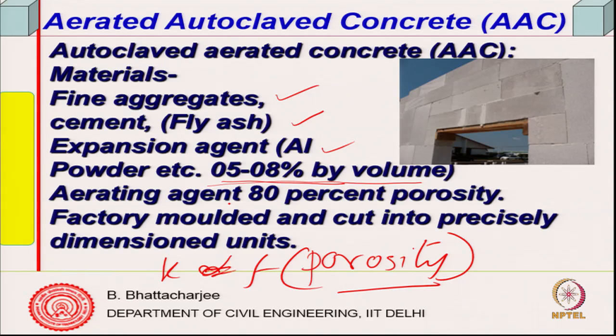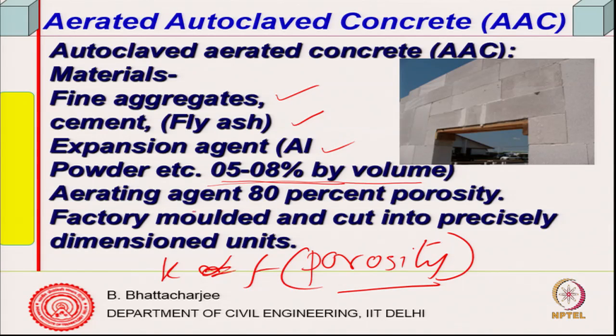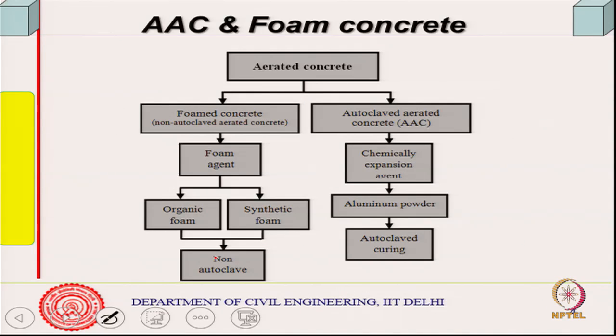Now, this aluminum reacts with calcium hydroxide actually. It can give up to 80% porosity, and the material is factory molded and cut into precisely dimensioned units.